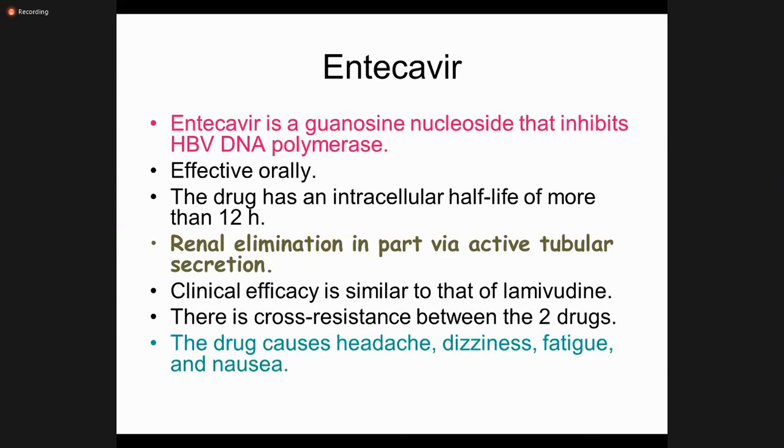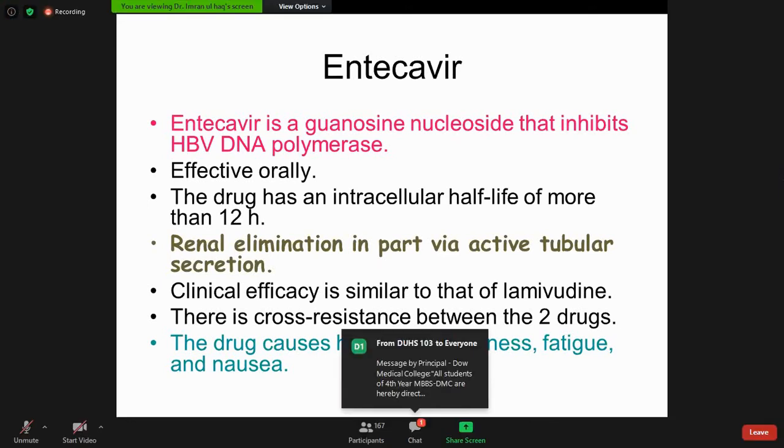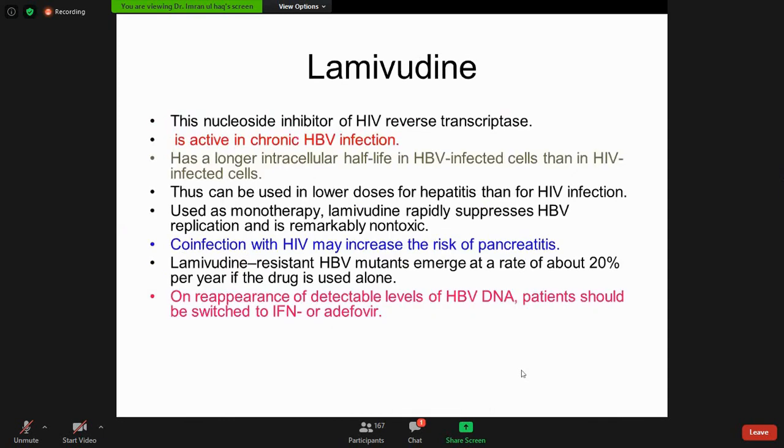When we say the drug is eliminated through the kidney, for most drugs eliminated through the kidney there are two important mechanisms: glomerular filtration, and the next one is tubular secretion.